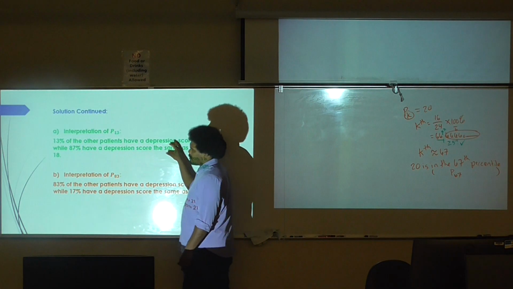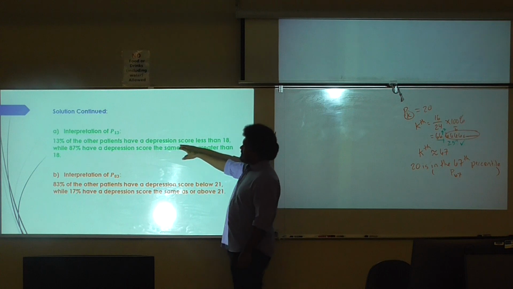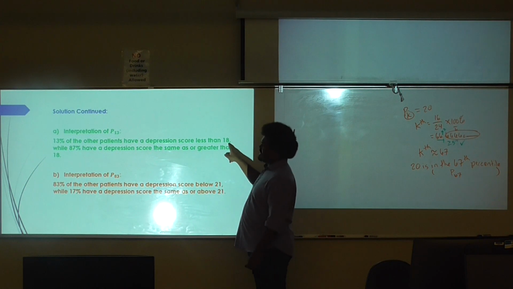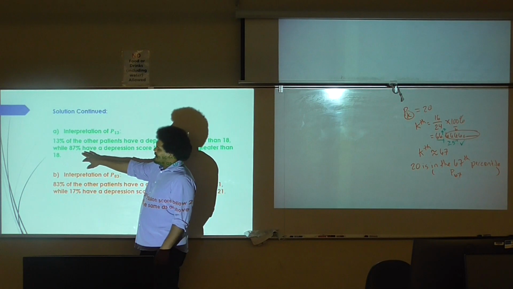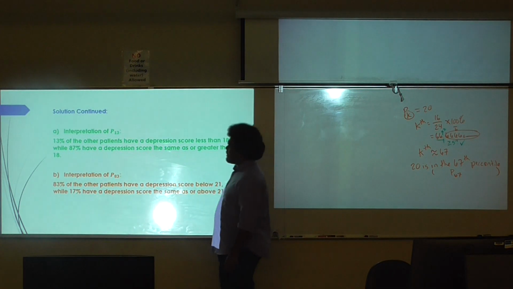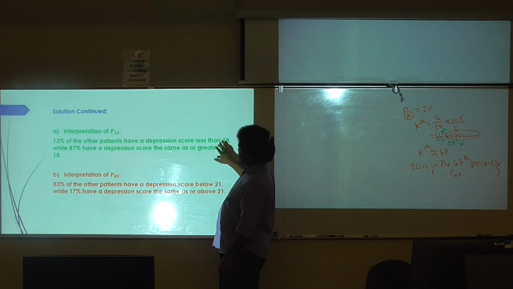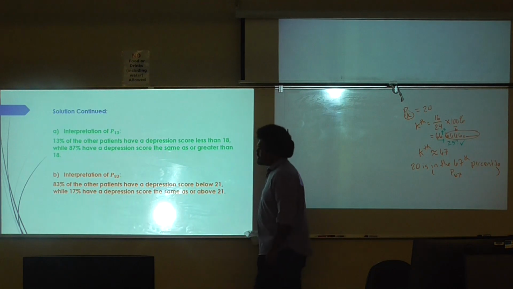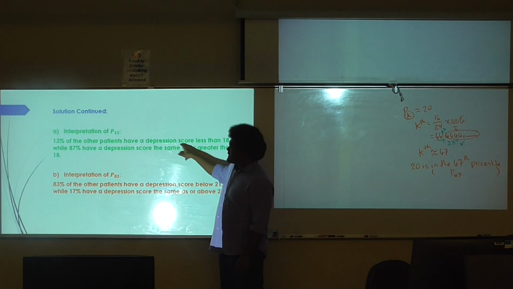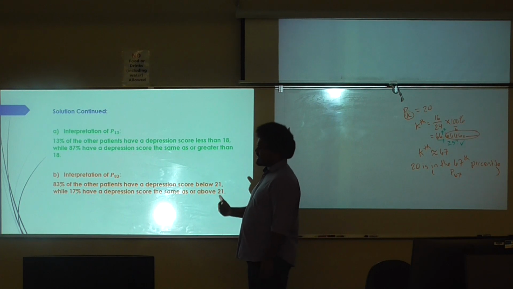All we're saying here as interpretation is that 30% of the participants have a depression score less than 18, while the other 87% have a depression score that is the same or greater than 18. This is kind of loosely going the other way around, but it's what it means. How we found it, that's the question. How we found it is key.